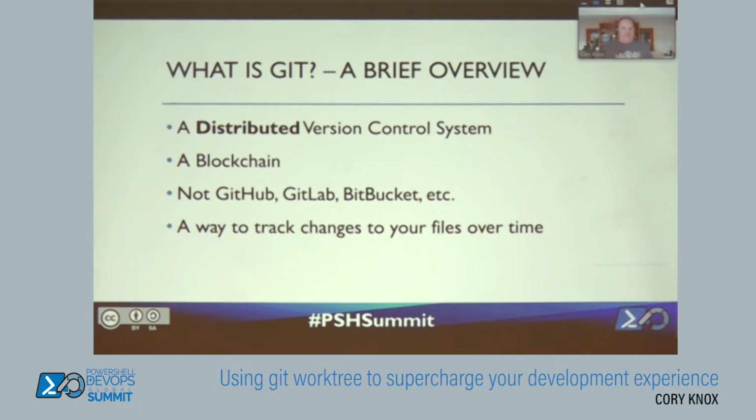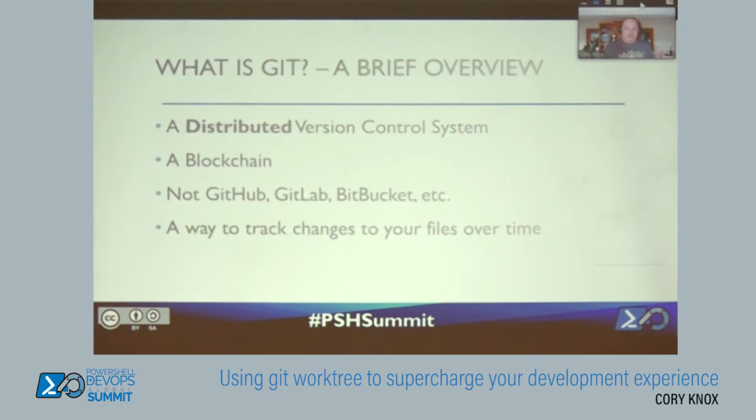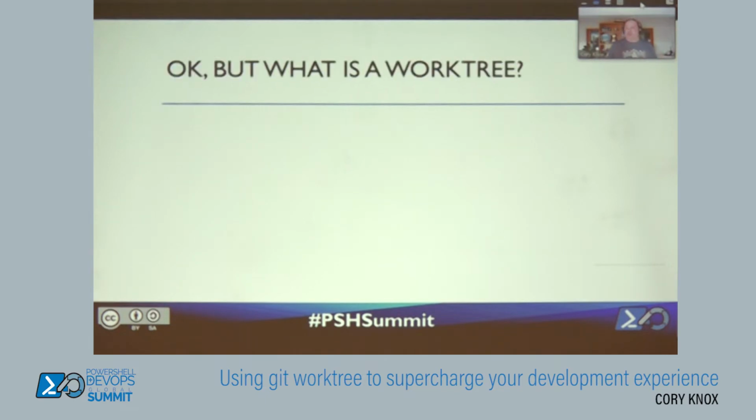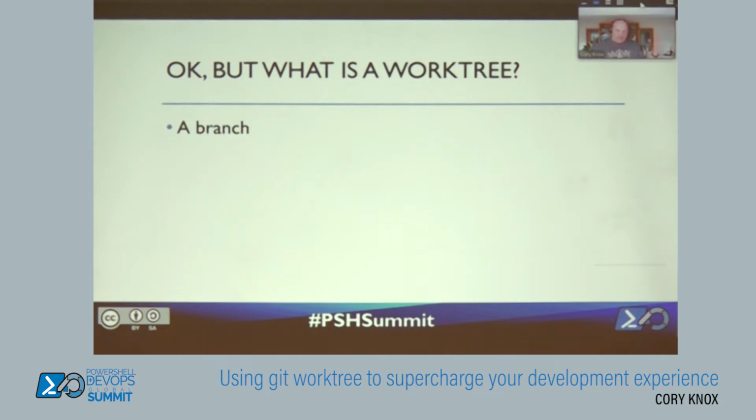So now we've gone over a bit of what Git is, let's talk about what a worktree is. Now, a worktree is effectively a branch. And a branch in Git is, you'll have your main branch of working.